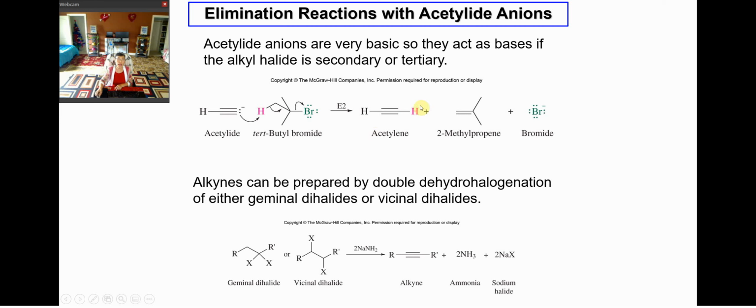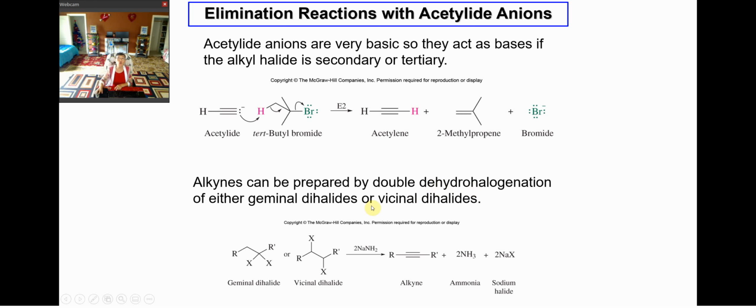That's another reaction related to this acetylide. So it can be involved in the elimination reaction of your tertiary or secondary halides to produce an alkene. Another reaction related to production of your alkyne is the double dehydrohalogenation of dihalides.